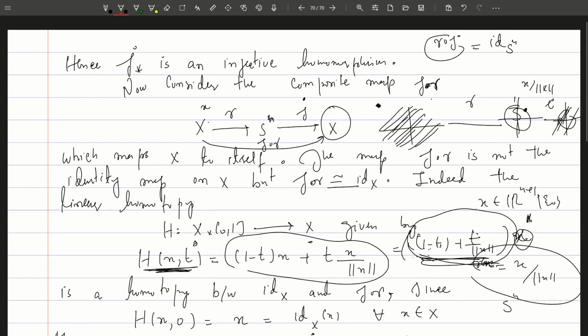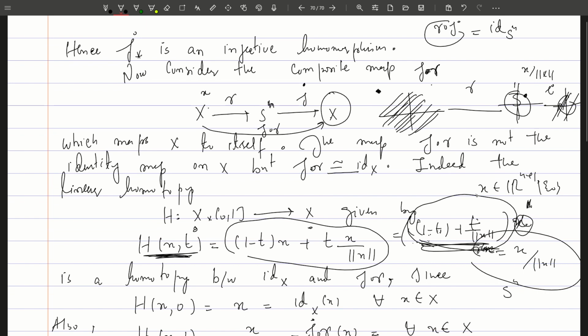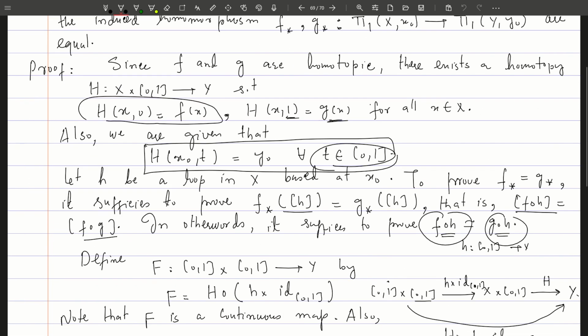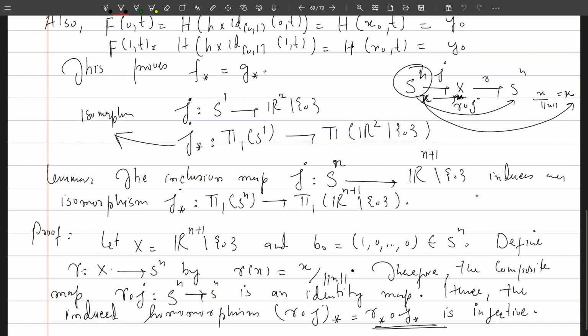But b naught is given to be the vector 1 0 0, so the norm of b naught is 1.